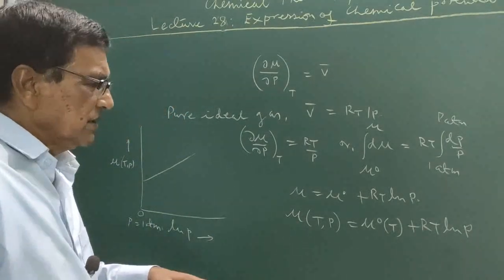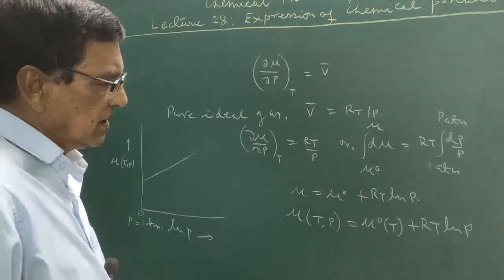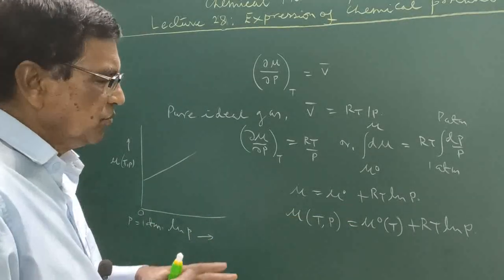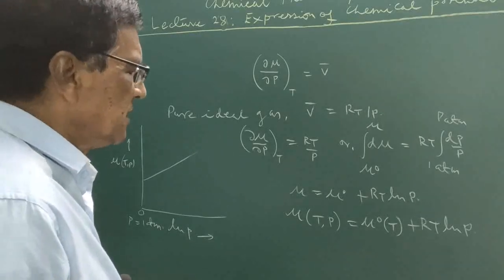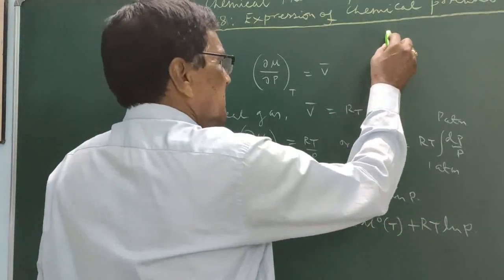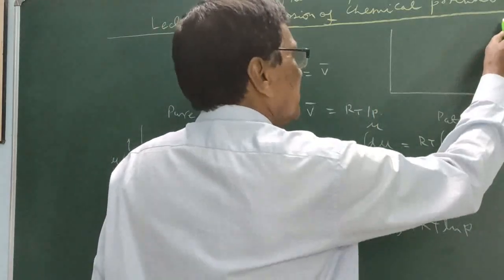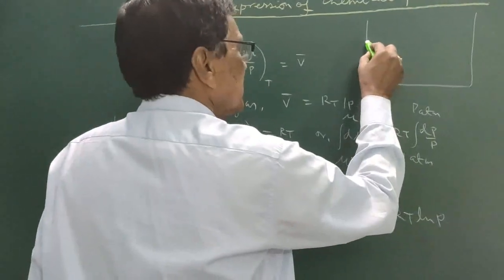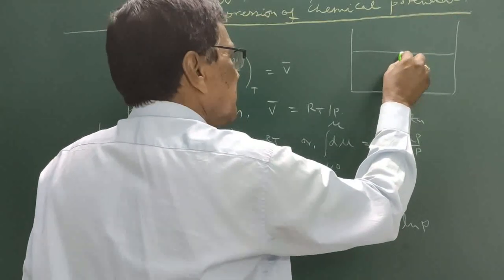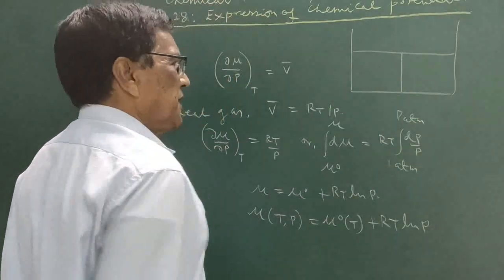This can also be illustrated with an example of how pressure measures the chemical potential. Suppose there are two gases separated by a barrier or partition.